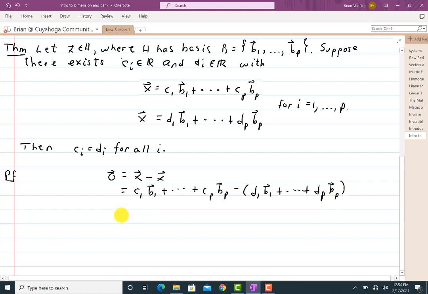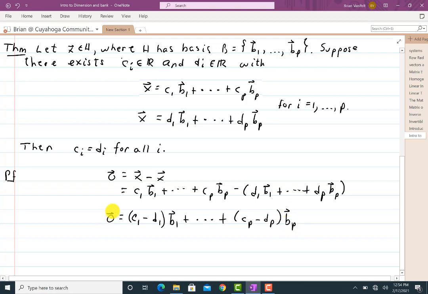Well, now you're able to move some terms around, and you get this: C1 minus D1 times B1 plus dot dot dot plus CP minus DP times BP.